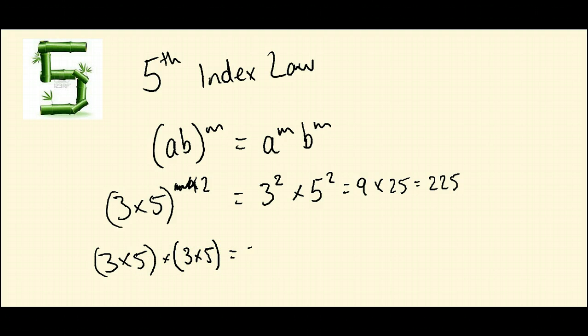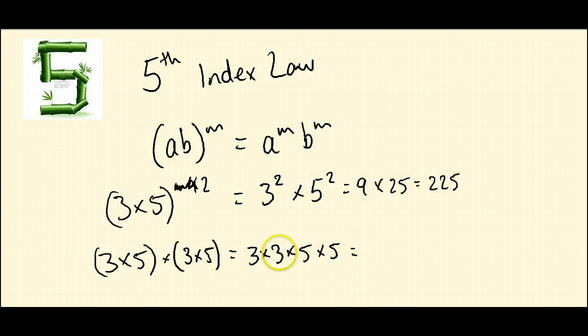Okay, well, 3 times 3 times 5 times 5. I've just rewritten this in a nicer way because the order of multiplication doesn't matter. 3 times 5 times 3 times 5 is exactly the same as 3 times 3 times 5 times 5 or 5 times 3. The order doesn't change anything. So I've just changed the order of the numbers.